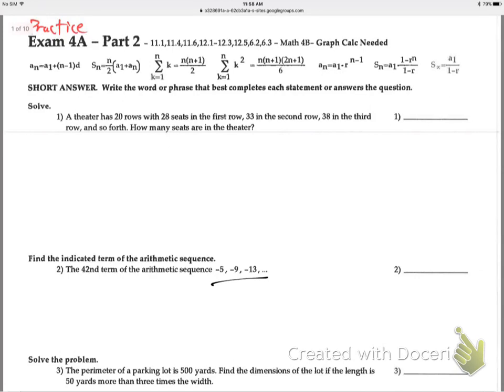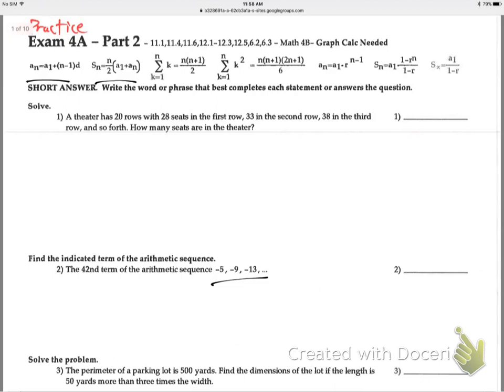Is it arithmetic or, well, it says arithmetic, so it's arithmetic. So there's 2 arithmetic formulas. There's an A sub n and an S sub n. So that is determined by, is it a sum? Are there plus signs between them? If so, we'll use the S sub n formula. Is it a sum, or is it just listing them with commas?